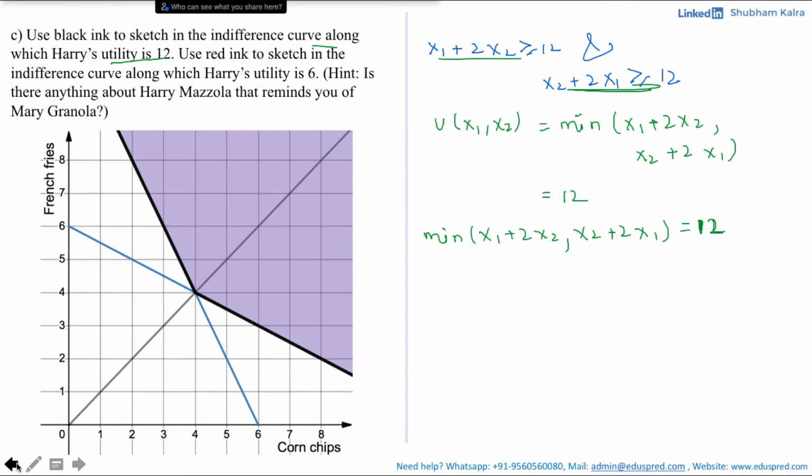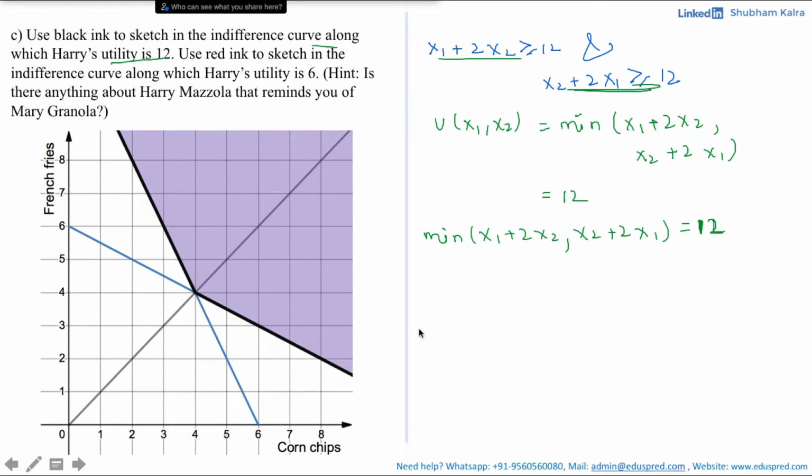So, recalling what we have done: we first drew the lines where x1 plus 2x2 is equal to 12, which were these blue lines, and then we found the common region where x1 plus 2x2 is greater than or equal to 12 and x2 plus 2x1 is greater than or equal to 12. After that, we took the minimum of the entire region, which gives us the value of exactly 12.